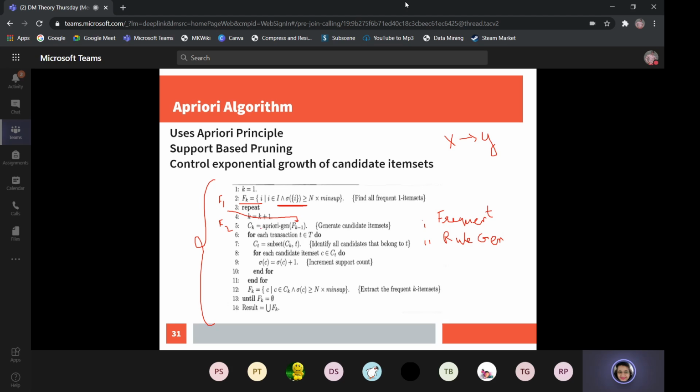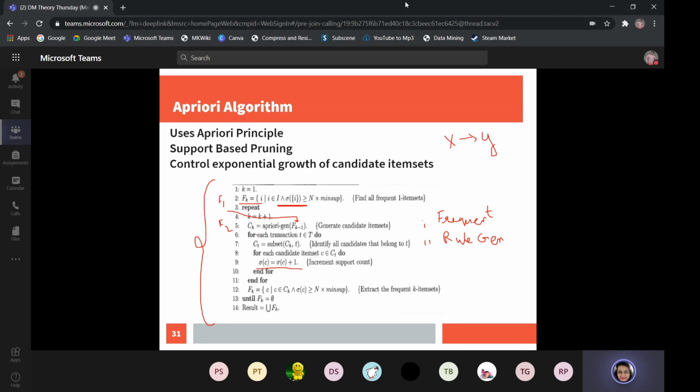Candidates for F2 we got from apriori gen, from the previous step's frequent sets, because only frequent ones will move to the next step. We assume that those that are infrequent at this step will not contribute to further steps. So the frequent item sets of the previous step form the candidate item sets for the next level, and for each candidate we computed the support count.